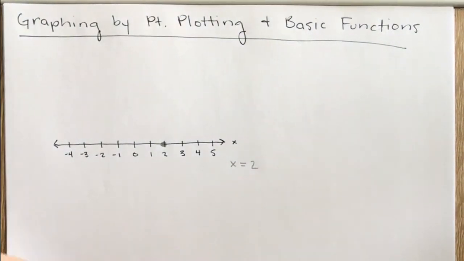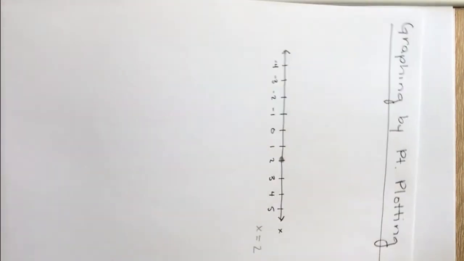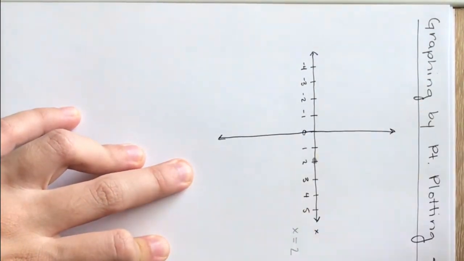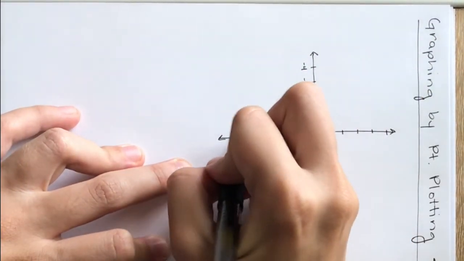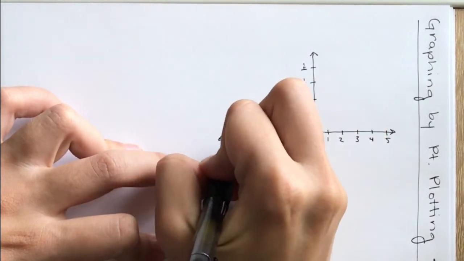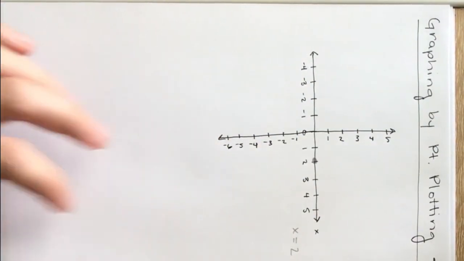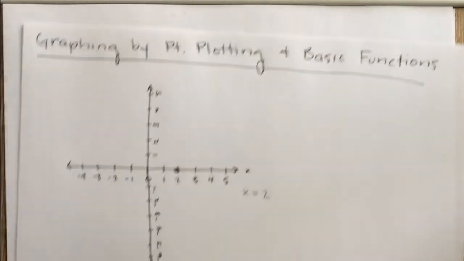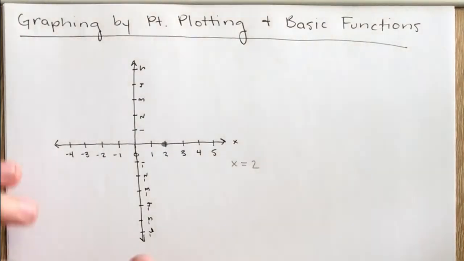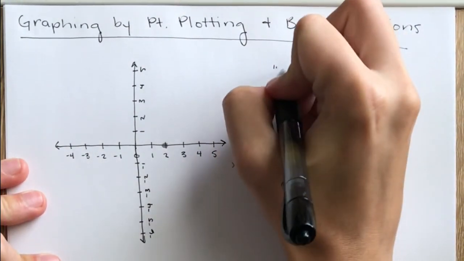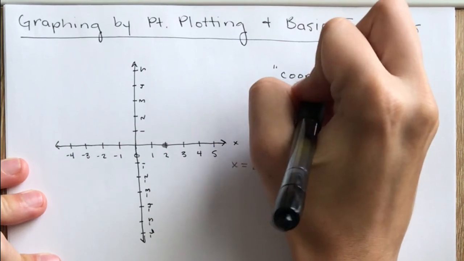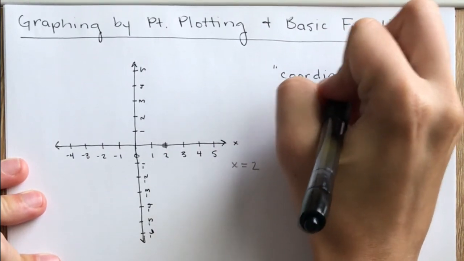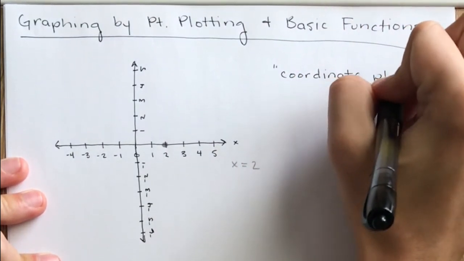So now, let's say I rotate this guy and I put a second number line going this way. This is called the coordinate plane.